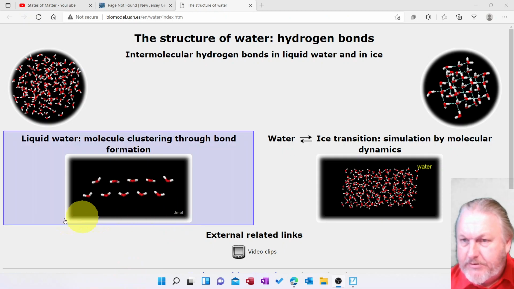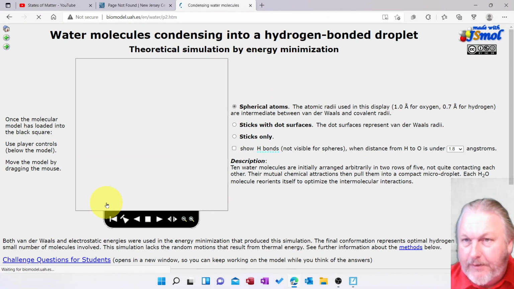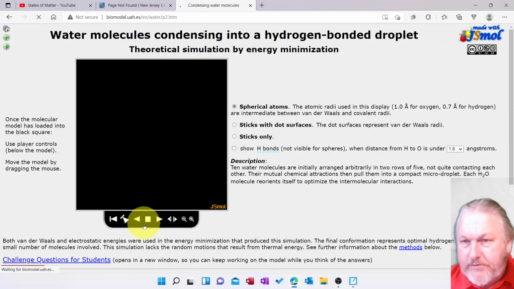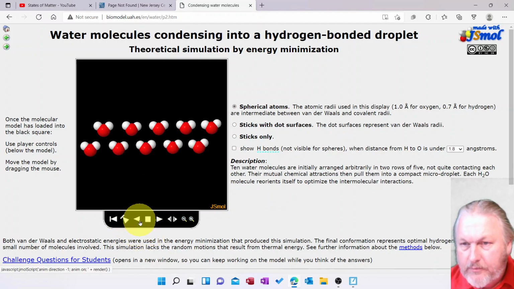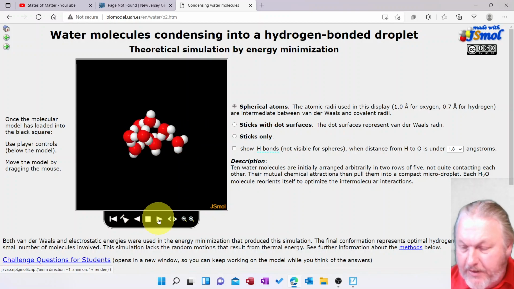Okay, so this is a nice little look at how liquid water works. If you look at water, the molecules come together, they condense, and if you notice, the positive and the negative edges come together.